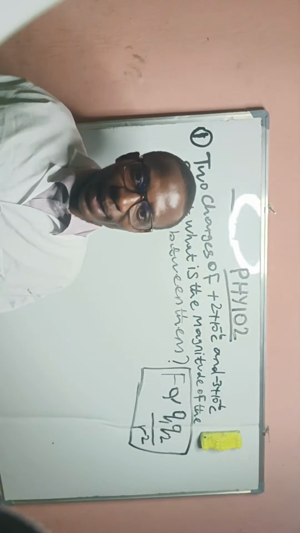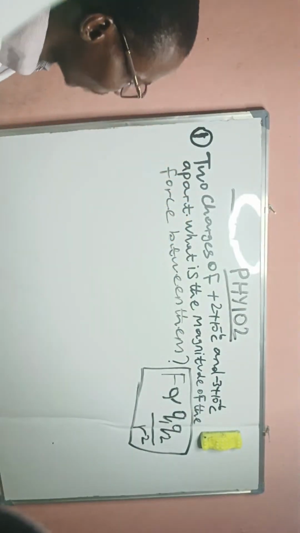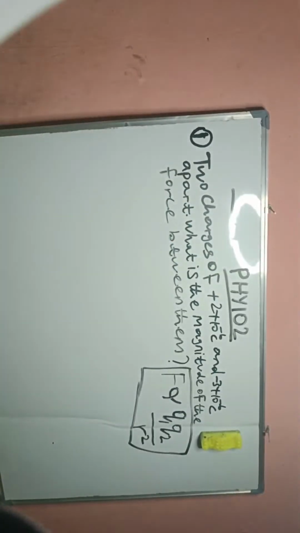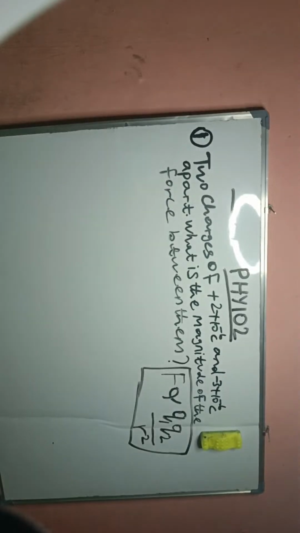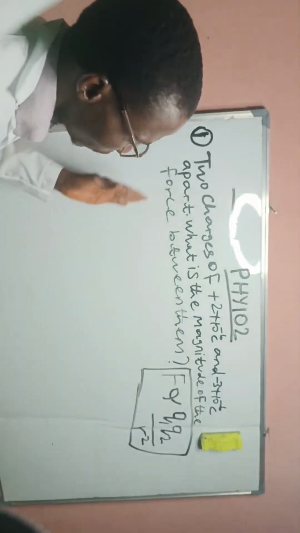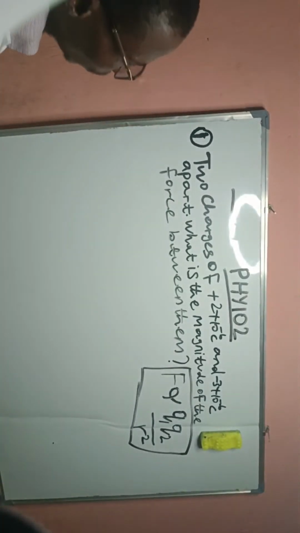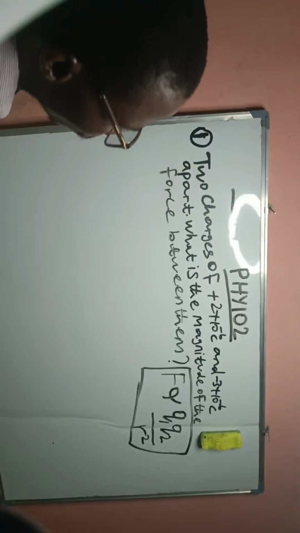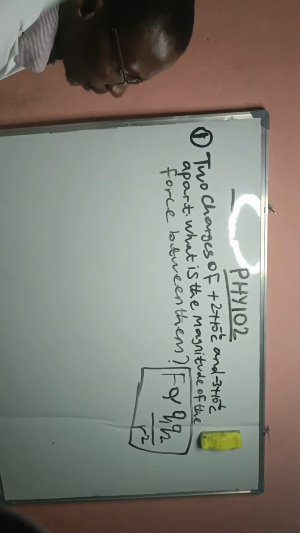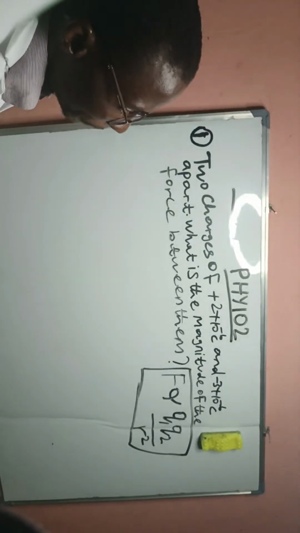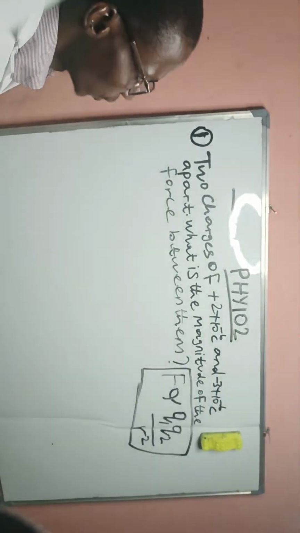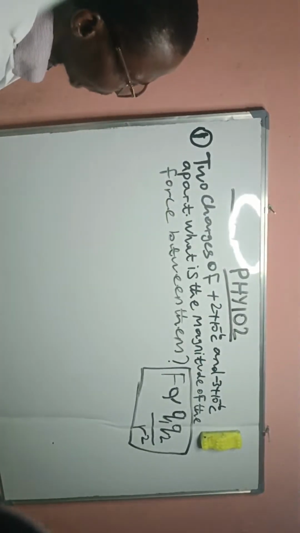Let's go there. Now, first question on the board, please look at it very well. The question says, two charges of plus 2 times 10 raised to the power minus 6 and minus 3 times 10 raised to the power minus 6 coulombs apart.